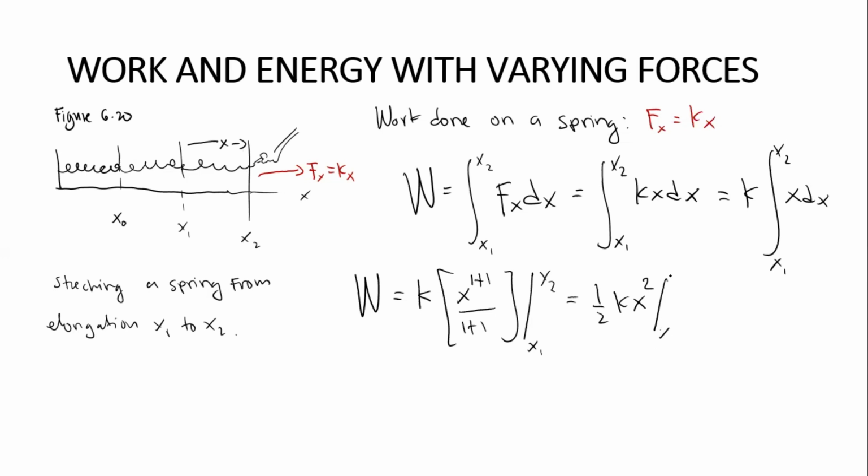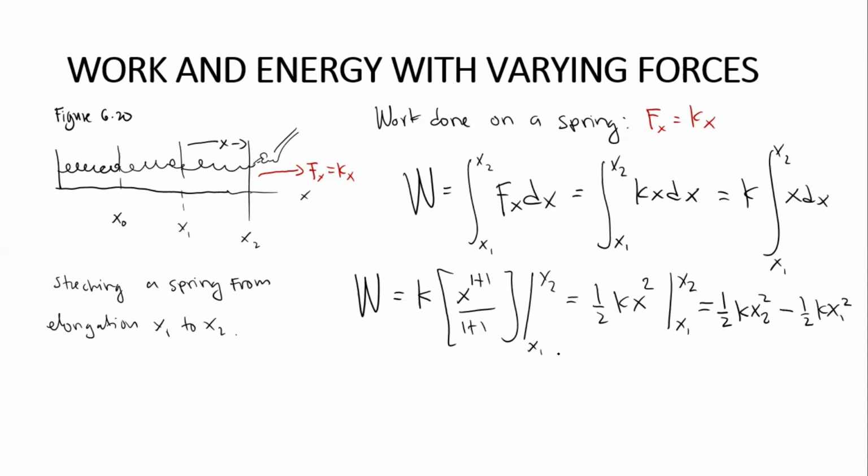From x1 to x2 are the boundaries. So now let's put the upper limit in for x: we have 1/2 k x2 squared minus the lower limit, 1/2 k x1 squared.